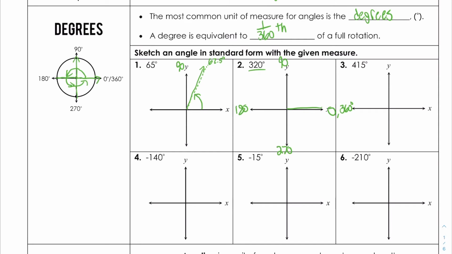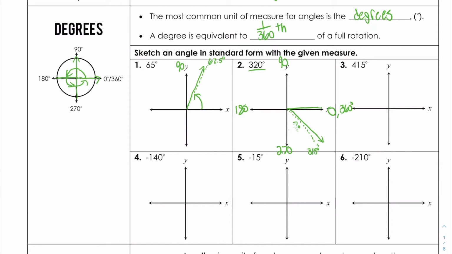Halfway between 270 and 360 is going to be a plus 45 degrees. So 270 degrees plus 45 degrees would be 315 degrees. And they want us to draw 320, so we'll go a little bit to the right of 315 degrees.